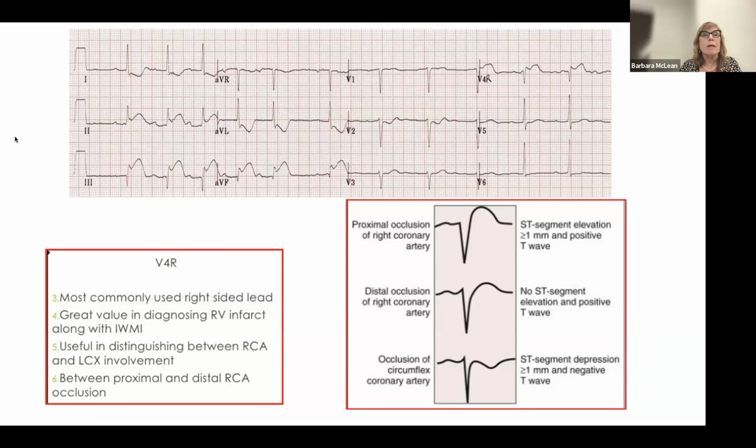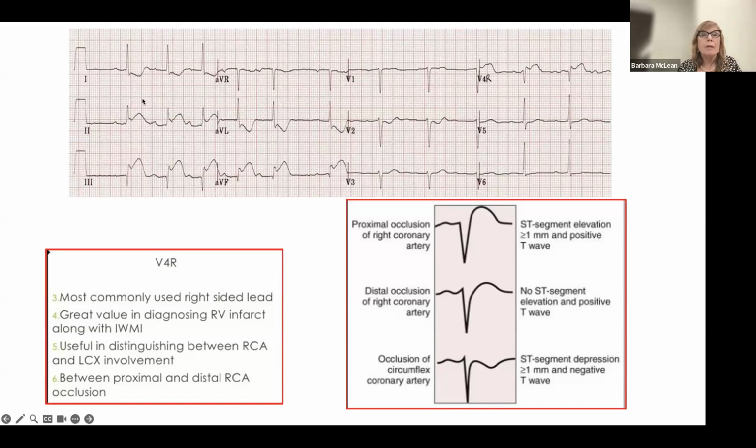For me, the next step is I'm now going to look at V1, V2, V3 to look for posterior reciprocals. And I'm going to apply right-sided leads, taking V3, 4, 5, and 6 off of the left chest after I ran the EKG, putting them over on the right chest in order to look for ST segment elevation.